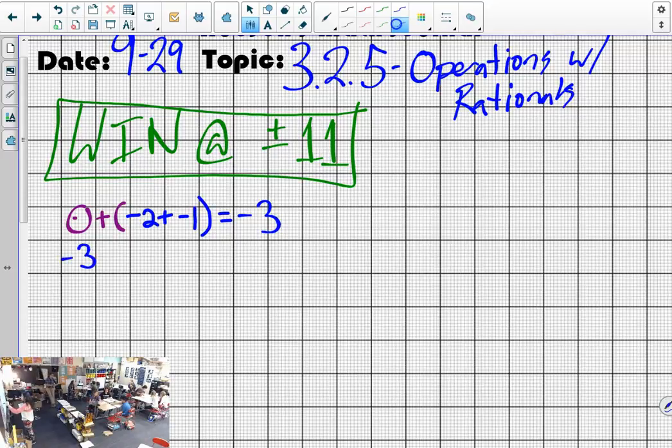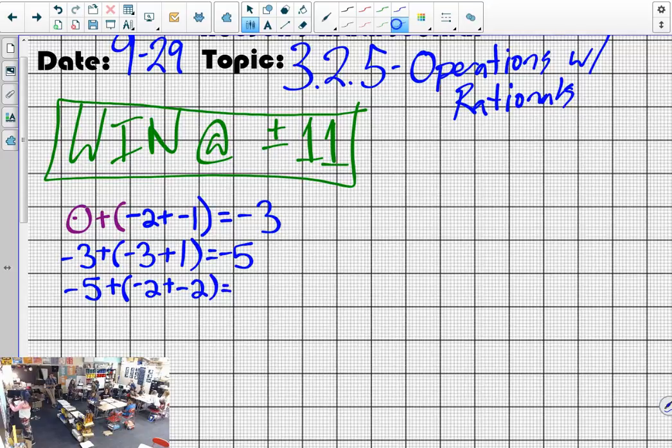So here's what we want to do, and here's what Ava's helping us with. You won if you landed on 11 or negative 11. Ava was the first person to tell me that she won, and she's showing us the moves that took her there. She started at 0, spun a negative 2 and a negative 1, decided to add them, and got to negative 3. Then her next move started at negative 3.